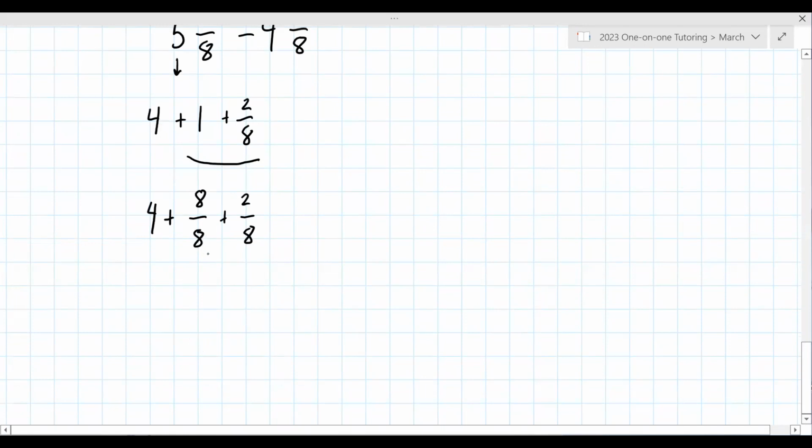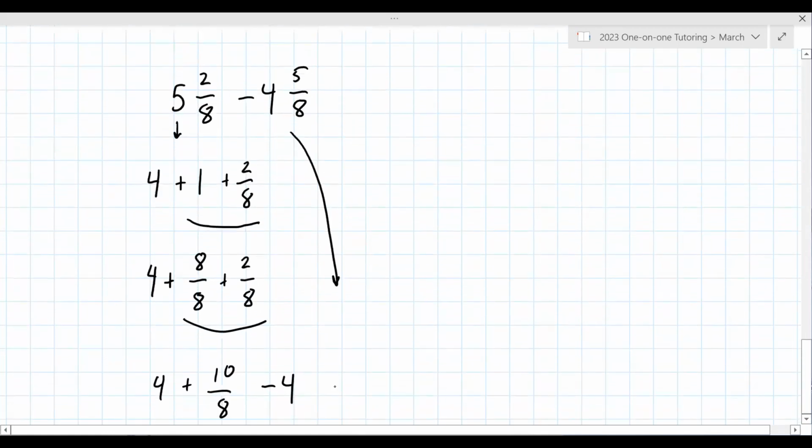Now, so now what is 8/8 plus 2/8? 10/8. Very good. And so this is where you bring down the next part, -4, and then the 5/8, 5/8.